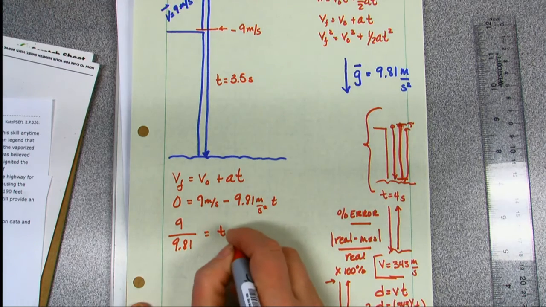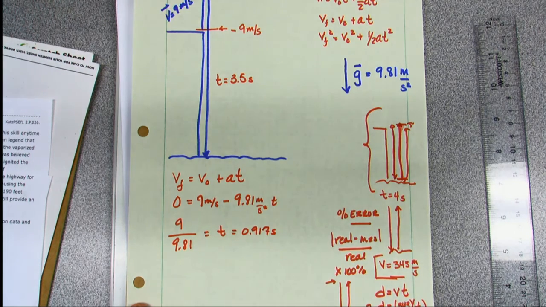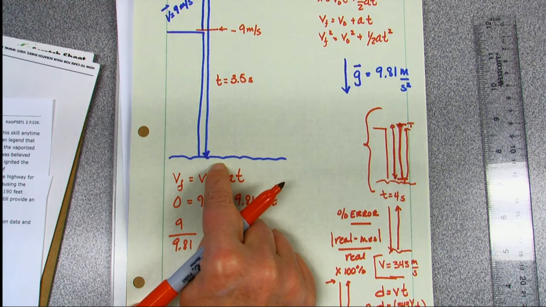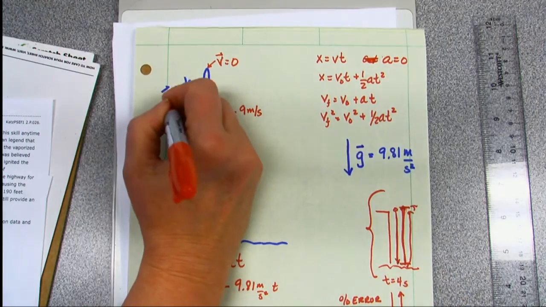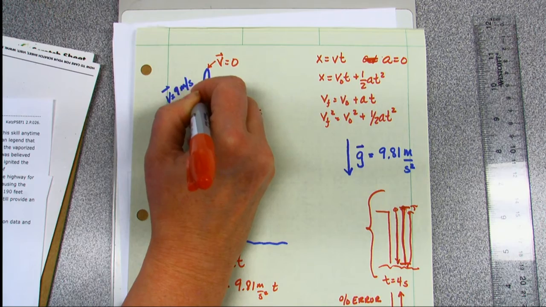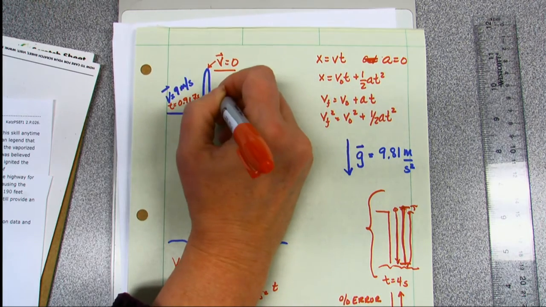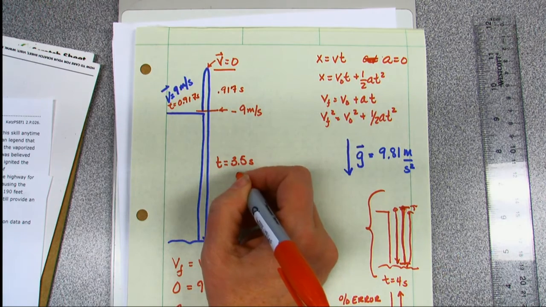This gives me 0.917 seconds. So if I'm asked for the total time it takes the ball from the time it leaves my hand to the time it hits the ground, we now have time up here is 0.917 seconds. By symmetry, we know that the time down is also 0.917 seconds, and we're told that time.